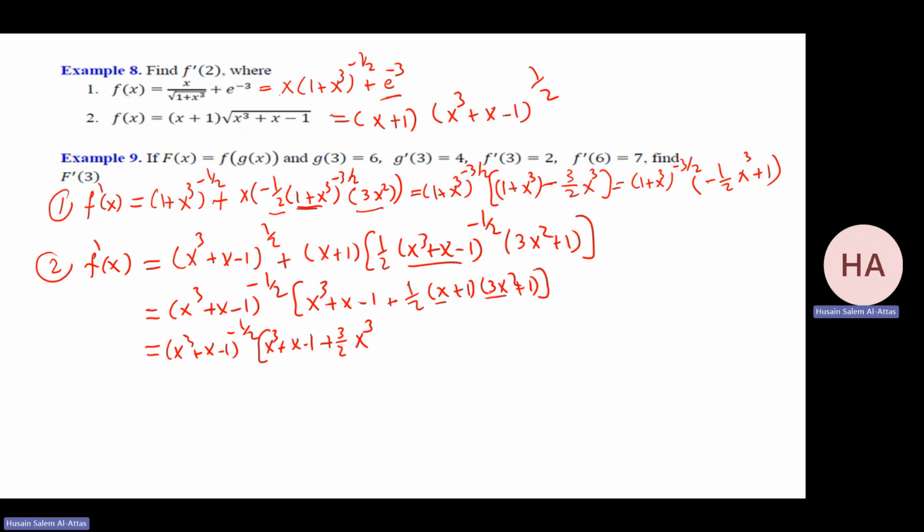And I have what? 3x squared also, plus 3 over 2x squared, plus x plus half x plus half. So that will be what? X cubed plus x minus 1 to the power minus half. Now do the calculation. I have x cubed, 3 over 2x cubed. That is 5 over 2x cubed. I have plus 3 over 2x squared.